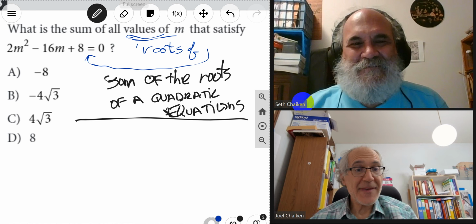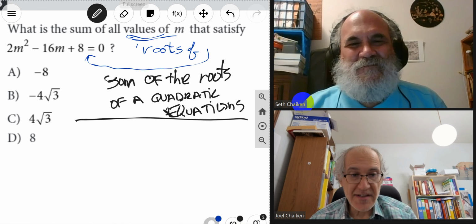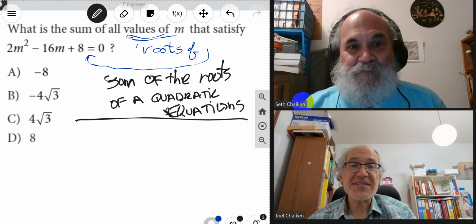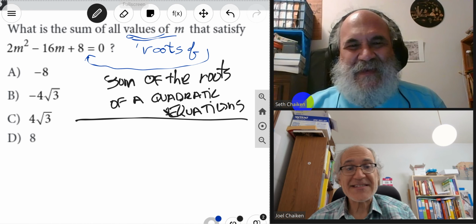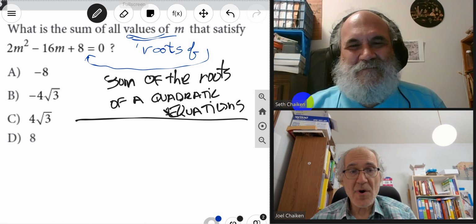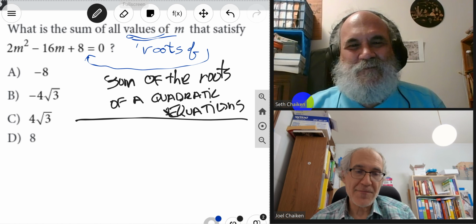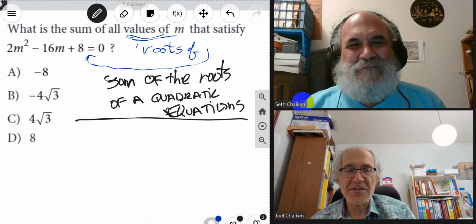SAT tests generally test how much you understand the material. You have to understand that the values of m that satisfy the equation that equals 0 are the roots. They can take a synonym and really require you to understand something.